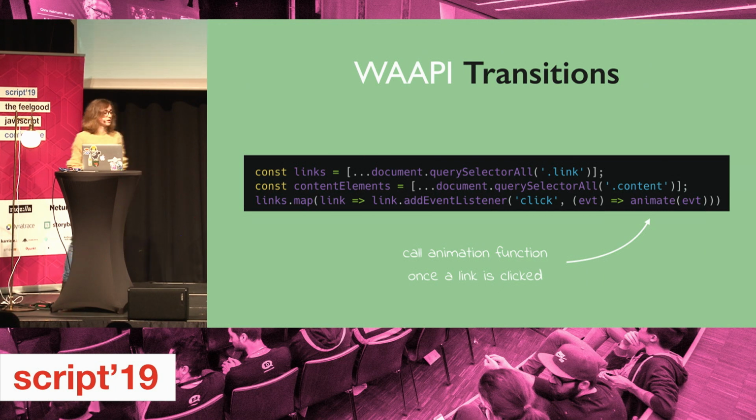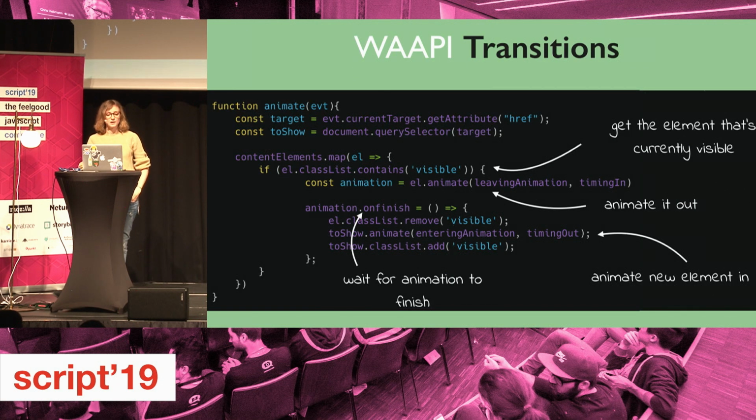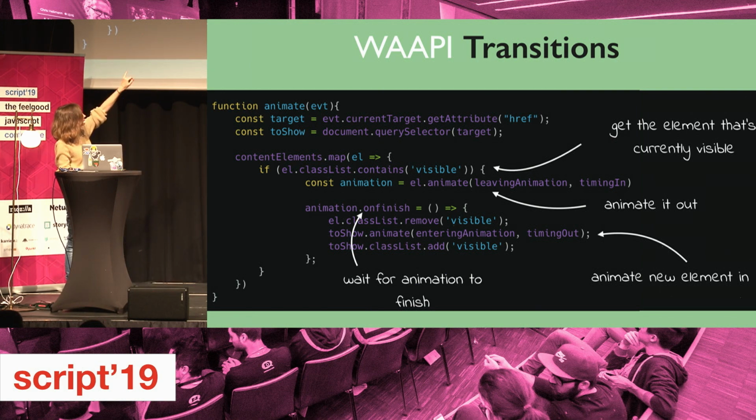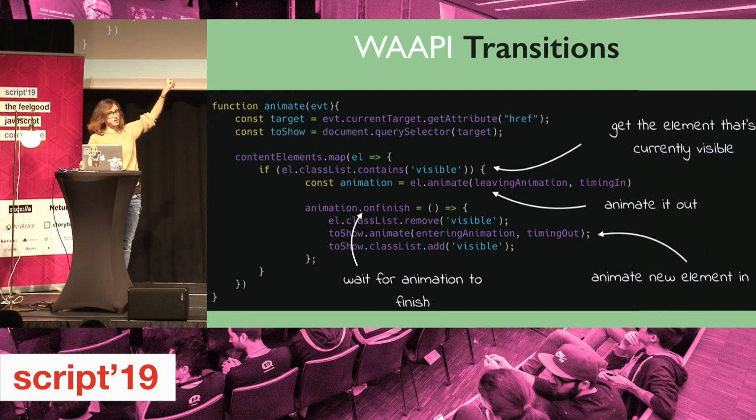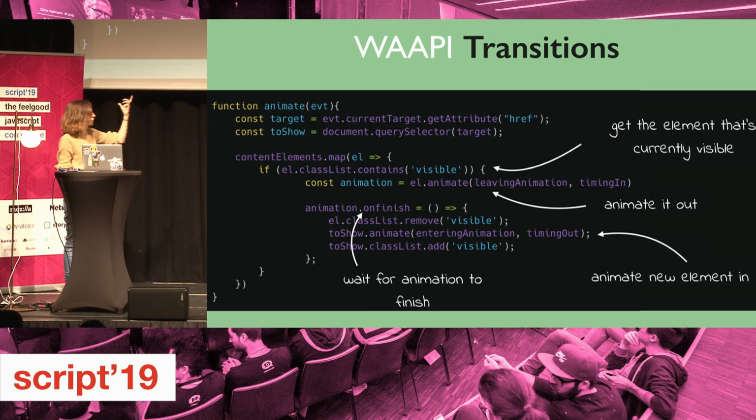So I would add an event listener to a link and then call an animate function on that event of that link I clicked to know which element I need to be animating in. And then there's several steps. I need to know which element is currently there. I need to animate that out, and I can animate that by just calling the .animate function in JavaScript on that element, on the DOM node.